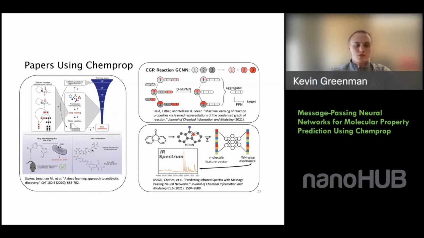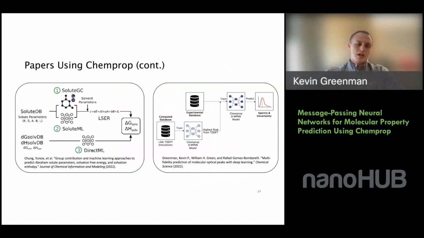It's been used to develop a discovery process for new antibiotics, to learn reaction properties using a condensed graph of reaction, to predict IR spectra, and then the last couple to predict solvation properties as well as ultraviolet visible spectra. So I encourage you to check out those references for more details, but this is just a small sampling of the uses that people have come up with Chemprop so far, so I encourage you to look into more.